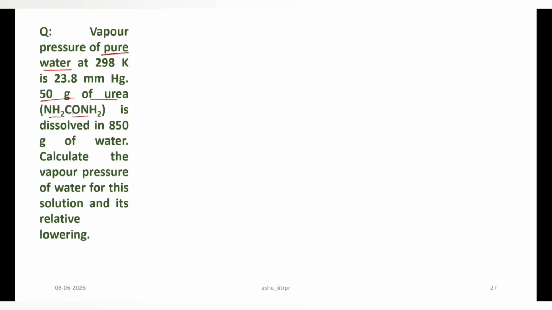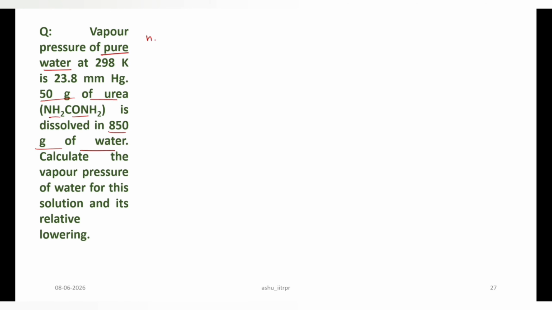So MB will be this one. It is dissolved in 850 gram of water. So the amount of solvent is also given, that means WA is 850. Calculate the vapor pressure of the water for this solution and its lowering. Let us calculate it quickly. The very first thing, in order to calculate relative lowering, we need to calculate number of moles.